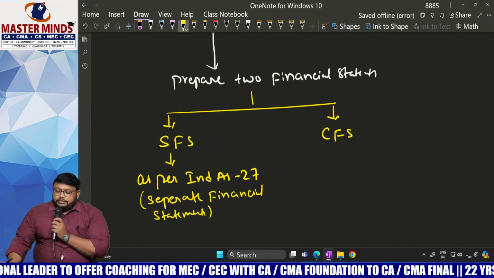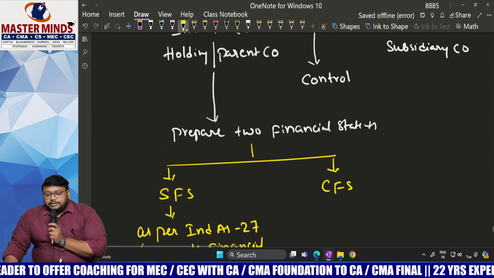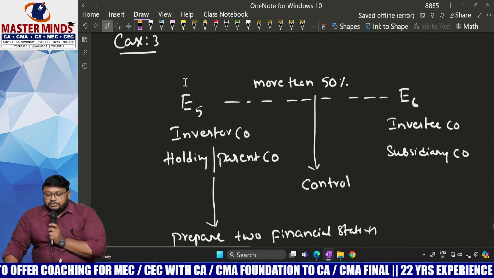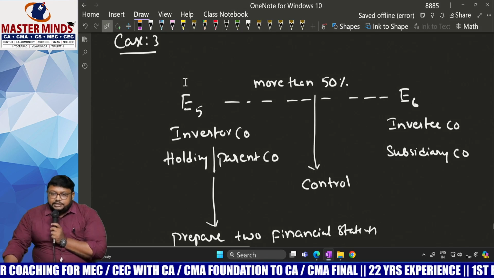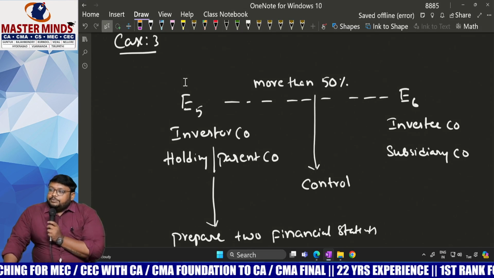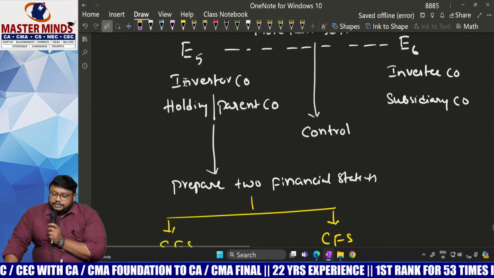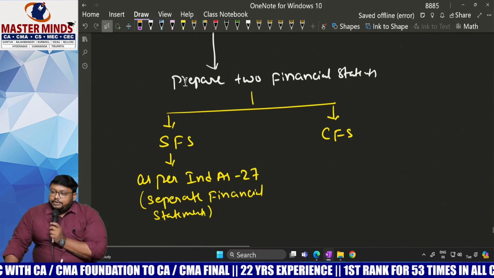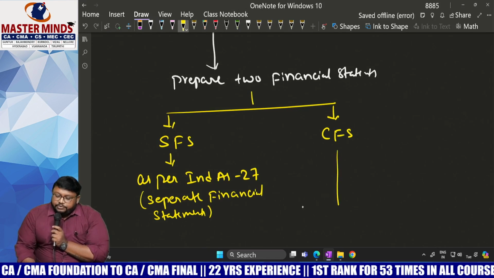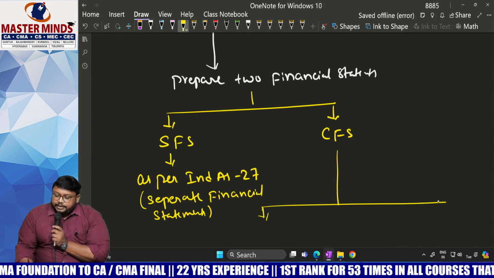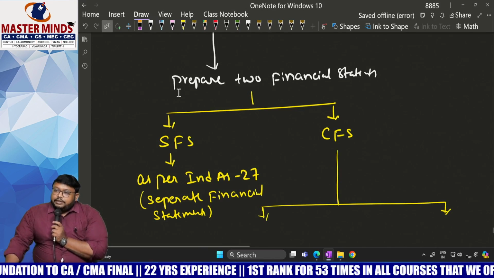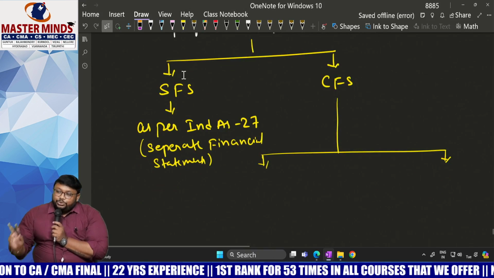Now, this is the question. When we are preparing consolidated financial statements for investments in subsidiaries, can I call it an investment in subsidiaries? Because more than 50% of stakes we are holding, that is an investment in subsidiaries. When we are preparing consolidated financial statements, we have to check two criteria again. We have to prepare consolidated financial statements two times.